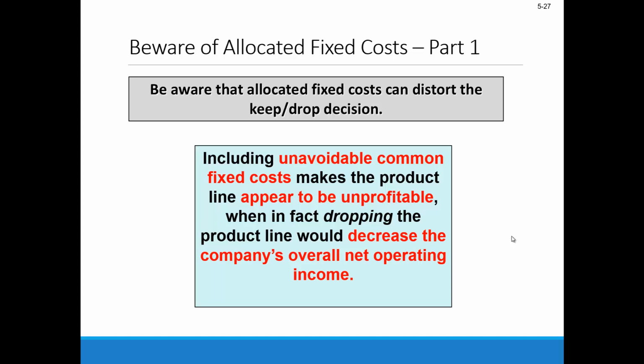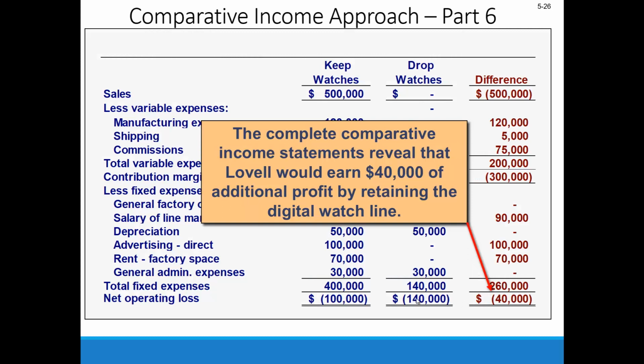We just want to be aware that allocated fixed costs can distort our potential keep or drop decisions. We alluded to that with the previous example several times. Including unavoidable common fixed costs can potentially make our product line appear unprofitable, when in fact dropping that product line would hurt our overall combined net operating income, as it did in this particular example.